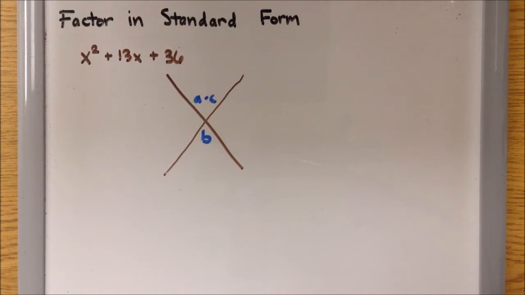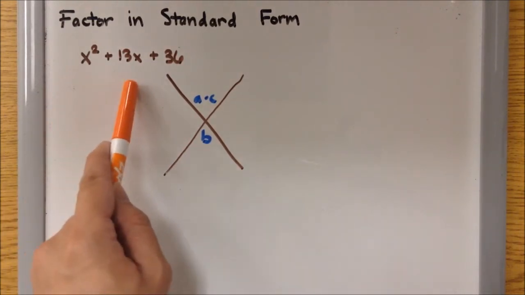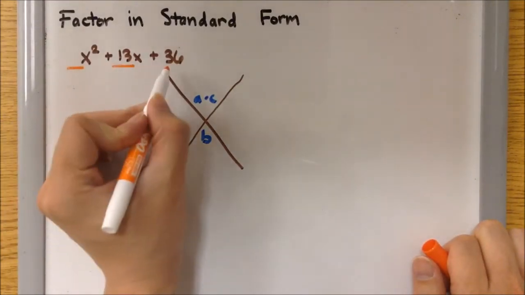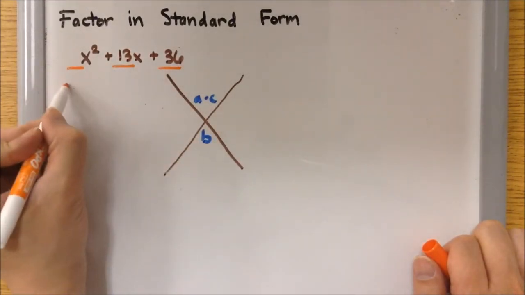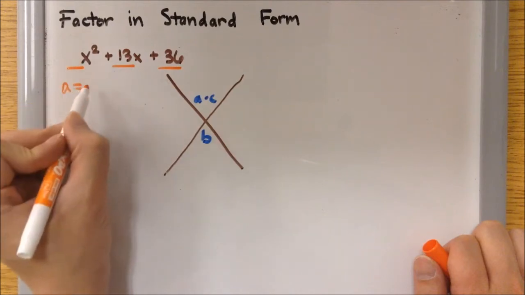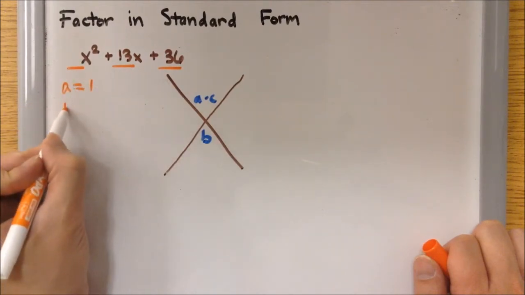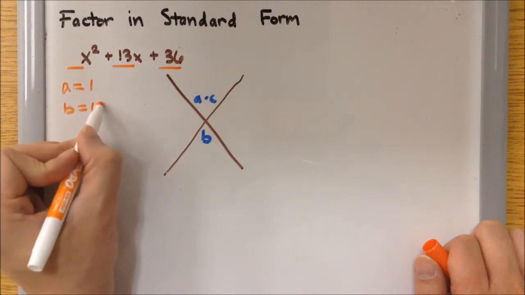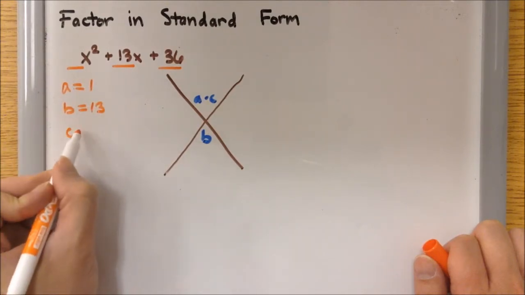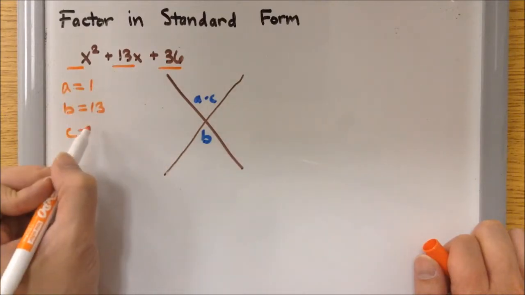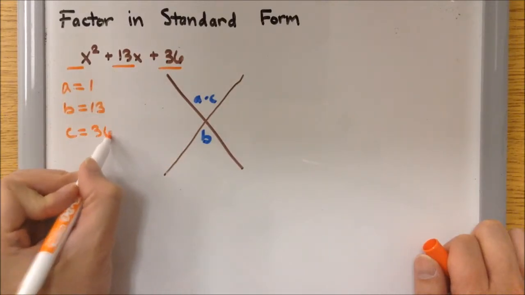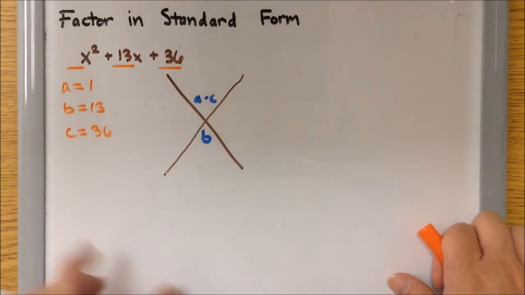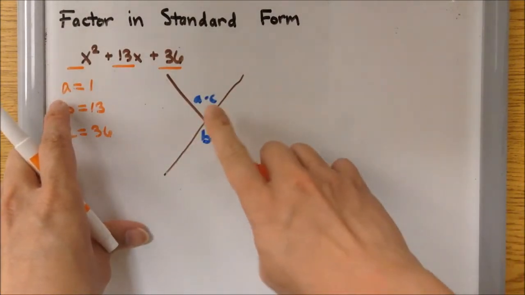In our second example, we have x squared plus 13x plus 36. My a value is the number in front of x squared, which is this invisible 1. My b value is the number in front of x, so positive 13. And my c value is the number without a variable, so positive 36. So in our x table, we're going to do a times c.